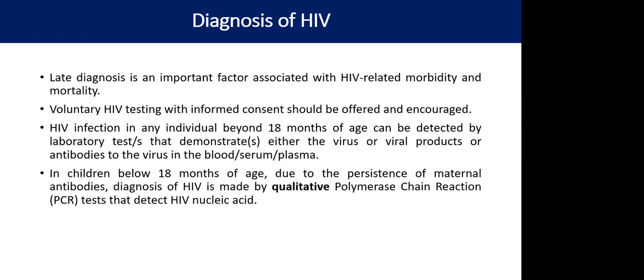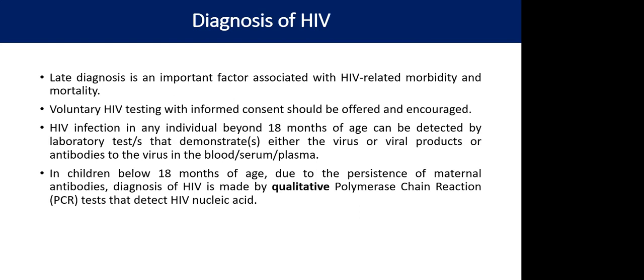However, in infants and children below 18 months of age, as we all know, passively transferred maternal antibodies may persist for 9 to 12 months, and in some cases up to 18 months of age. So detection of simple antibodies in the serum, plasma or blood may not be a true indicator of actual HIV infection in the infant or child below 18 months of age.